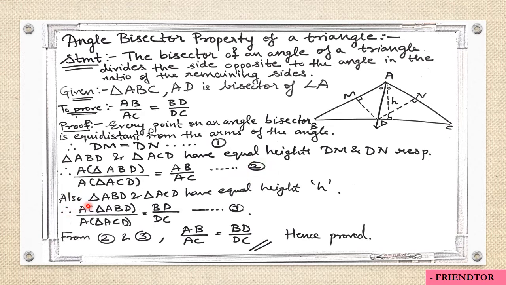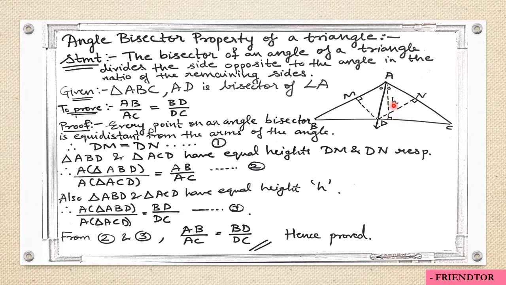Now also the same set of triangles, if you look at it in this way, and if you consider BD and DC as their bases, then they have a common height, they have equal height h. That is from A I drew a perpendicular which is of length h, and this is the height of both the triangles. Okay, since these bases are collinear and one vertex is common, you can say they have common height, that is h.